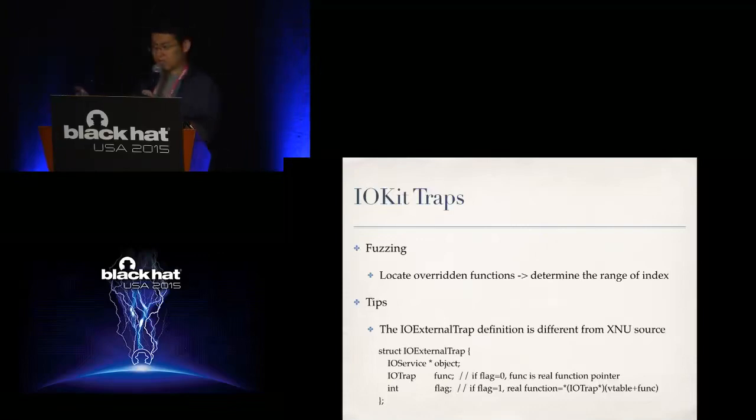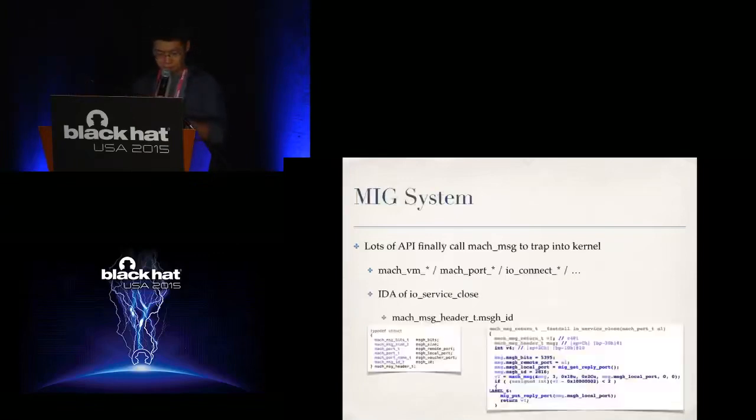If the flag equals 0, that means the second member is what we think, a real function address pointer. But if the flag is 1, not 0, that means the function member is the offset of the function in the object vtable.